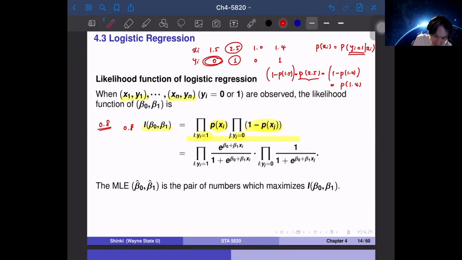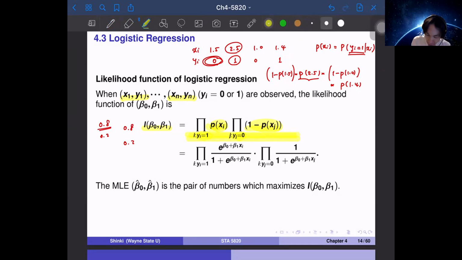And if the predicted probability of y equal to 1 is 0.8, but actually yi is equal to 0, then it's not successful. Actually, the 20% occurs. So the likelihood is 0.2. So we multiply this. This is our likelihood function.